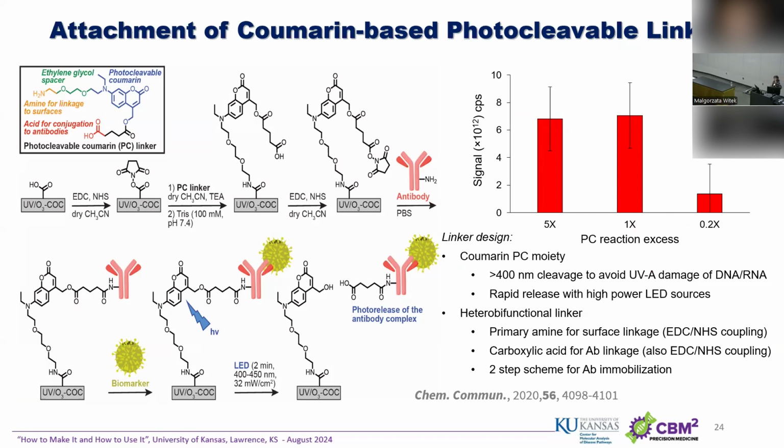You can actually use blue light or violet light if you design a linker containing coumarin functionality. And after isolation of the biologicals on the surface, with the coumarin functionality here between the antibody and antigen, you shine 400 nanometer light on that fluidic, and you can again release the molecules, which is really, really elegant.